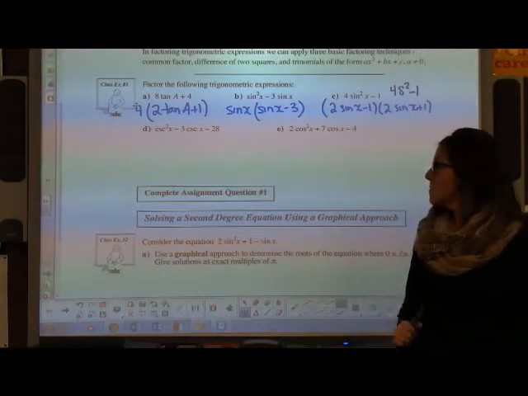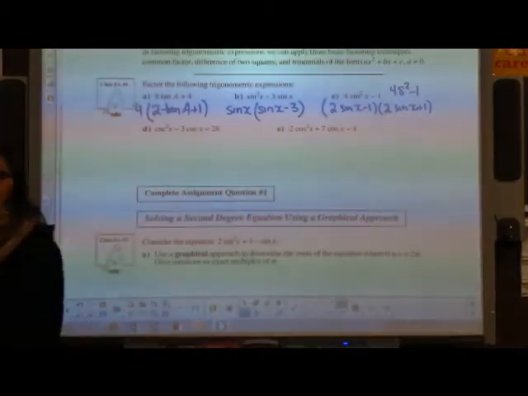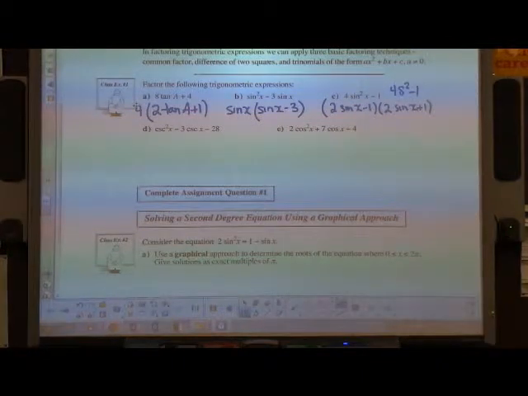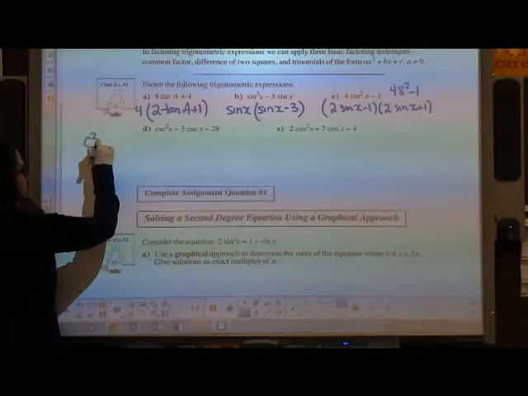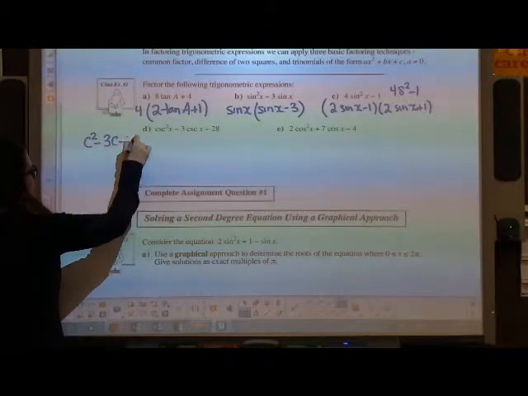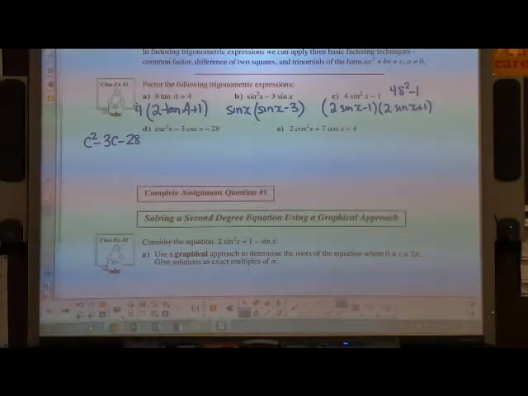Good. Okay, if I look at D, cosecant squared x minus 3 cosecant x minus 28. Think of it as c squared minus 3c minus 28. How would I factor that as a quadratic?